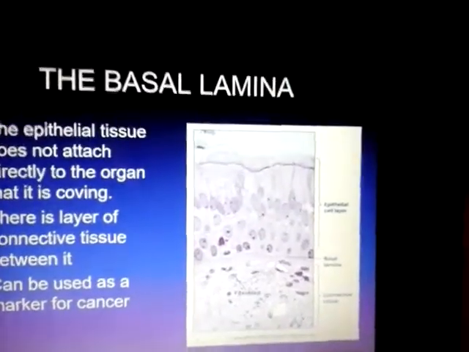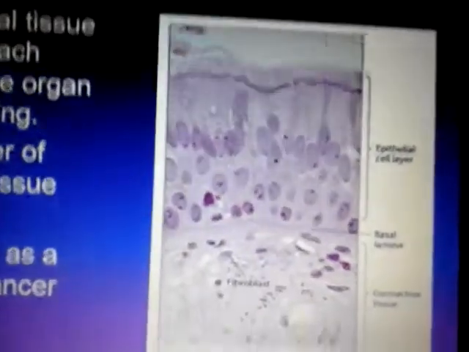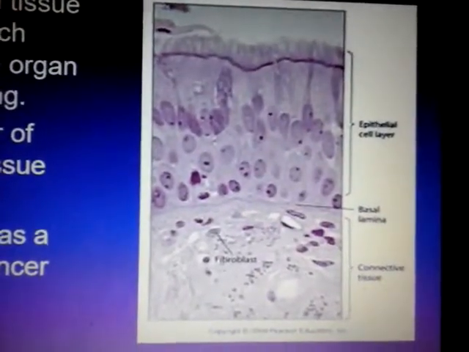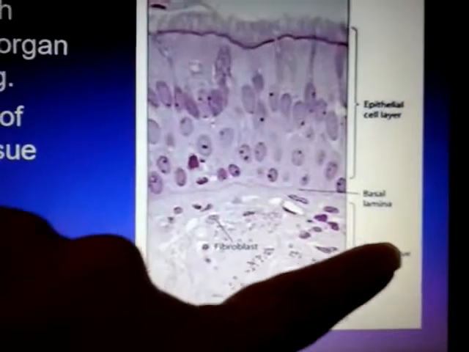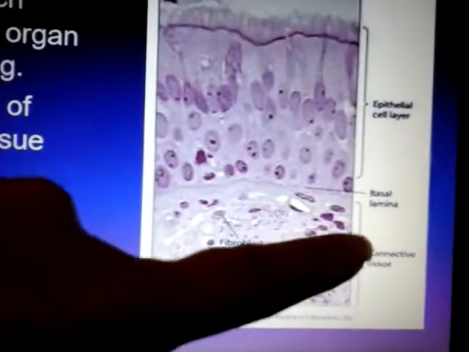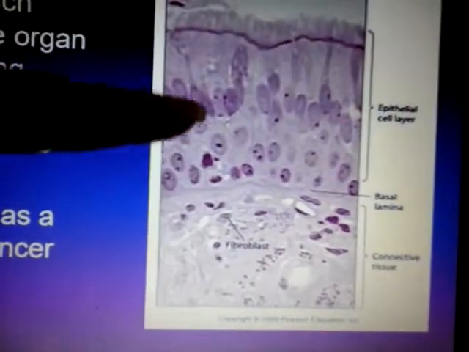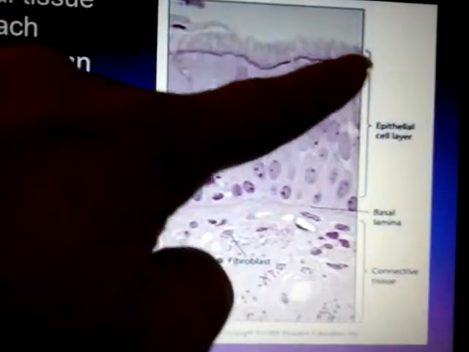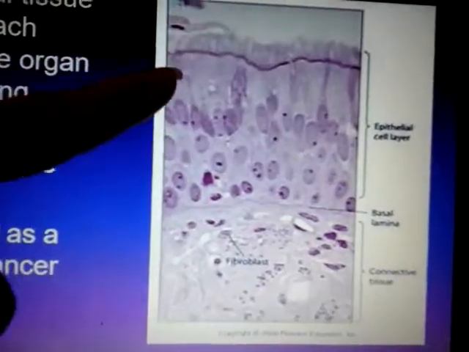So for example, in this picture, what I've got here is a picture of your trachea. And your trachea is made from cartilage. This down here is the cartilage that makes up your trachea. And this right here is the lining of your trachea. And your trachea is actually fuzzy. Your trachea has cilia in it.